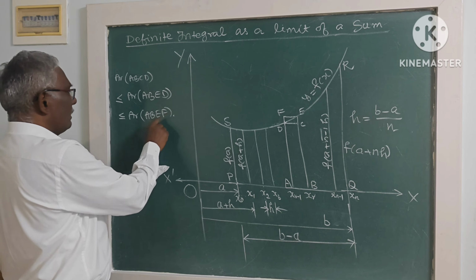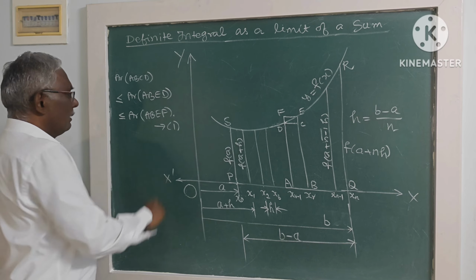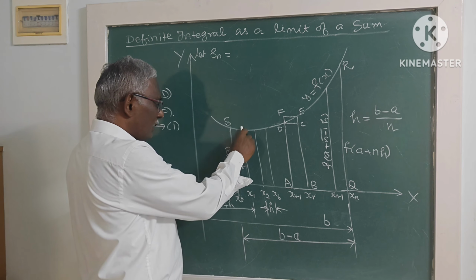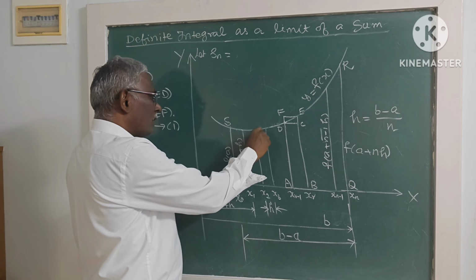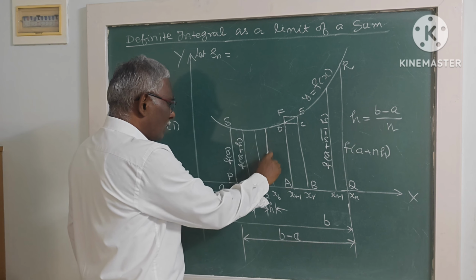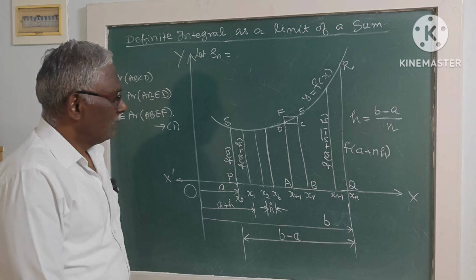So we call this inequality 1. Now this is f of x0, this is f of x1, this is f of x2, and this value is f of x3.